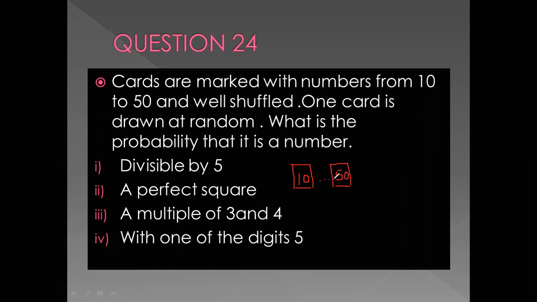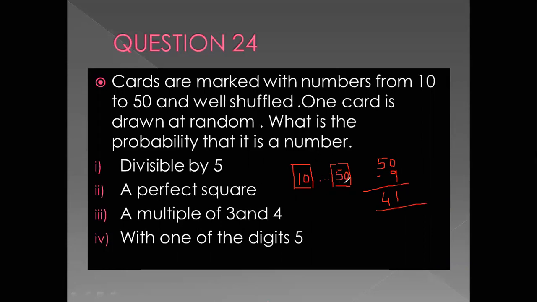So then how to find out? The last number is 50, the first number is 10, and there are cards in between. Okay. So now you have to understand that from 50, you subtract 9. You have to write minus 9 to find the sample space. The reason is, the 9 cards which were in the beginning are removed and it has started from 10.